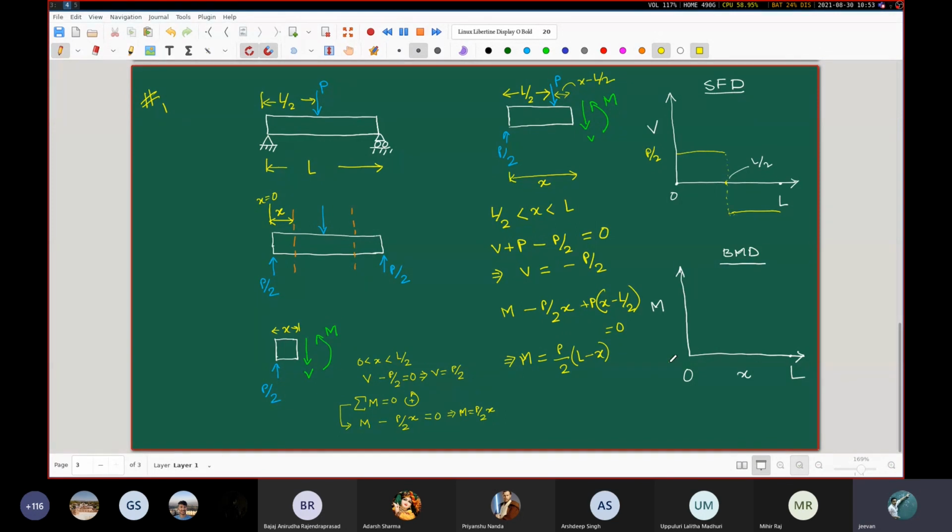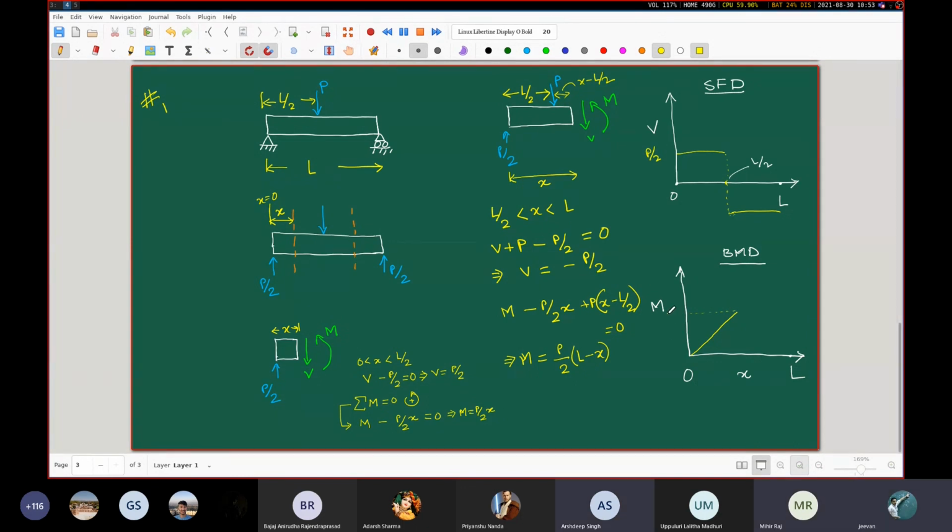Before we do that, I wish to do the same kind of thing for this M. Looking at x lying between 0 and L by 2, this M is equal to P by 2 into x. This is a linearly increasing thing, so it should be like this. What is the maximum value of this M here?